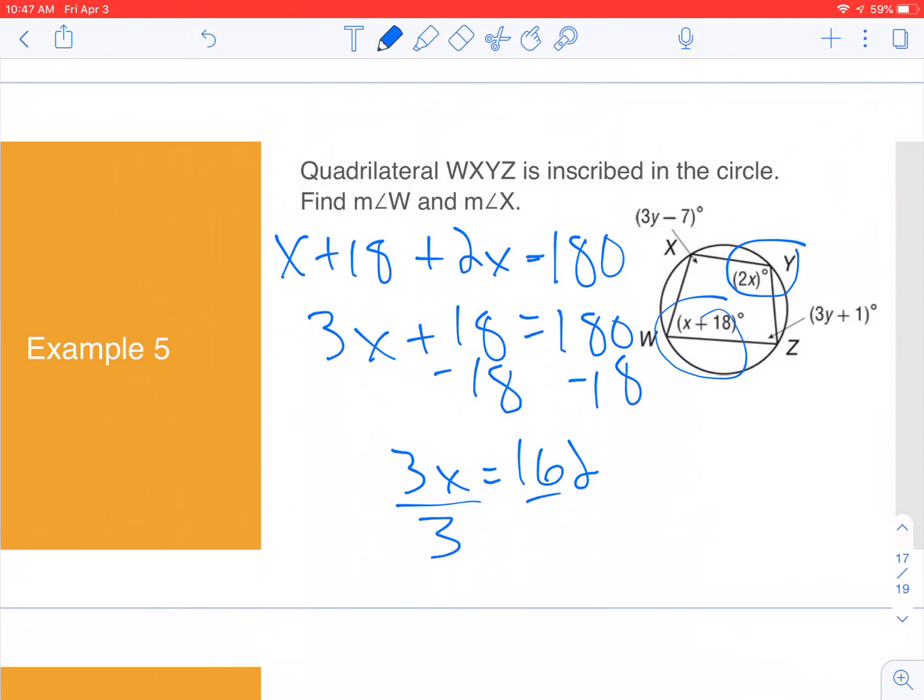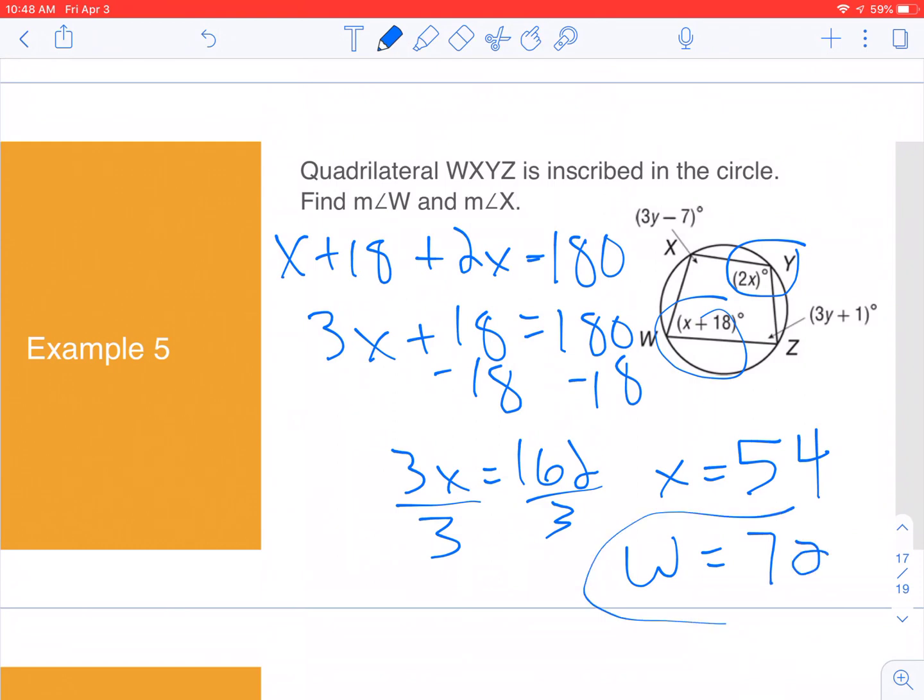Divide both sides by 3. X will equal 54. So to find angle W, I do 54 plus 18. W is 54 plus 18, 72. So that's how I find W.